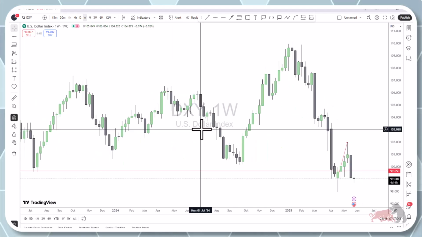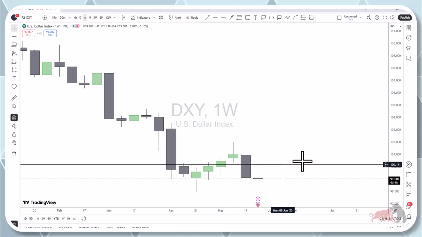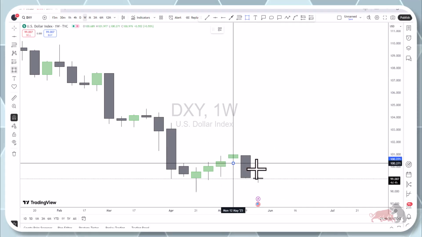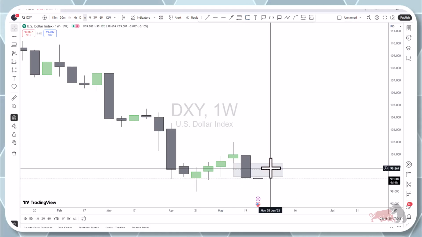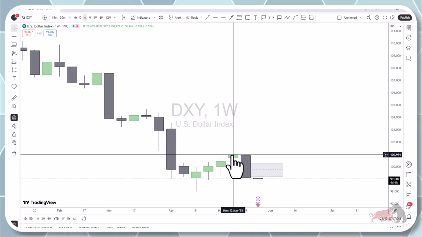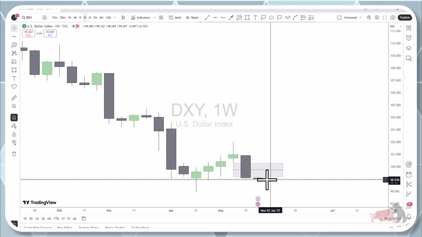This is something that I would prefer, to see dollar redistribute into this fair value here. That would be proper IPDA price delivery. It would have rebalanced this inefficiency that we have from the week of 12 May and the current week.